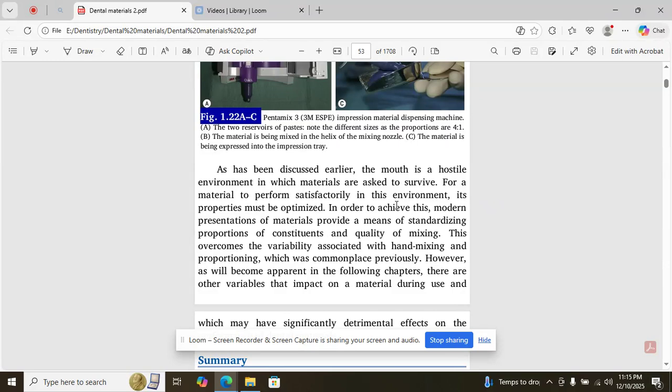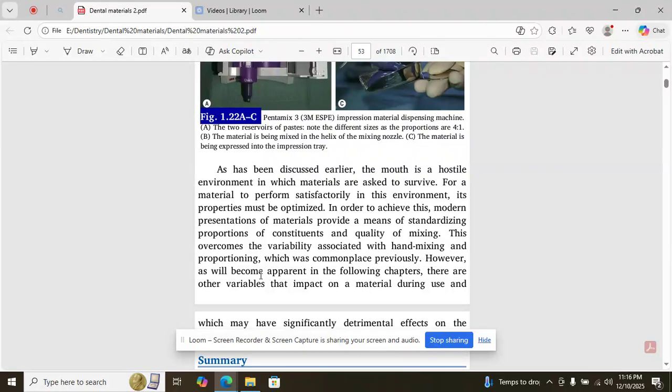This overcomes the variability associated with hand mixing and proportioning which was commonplace previously.